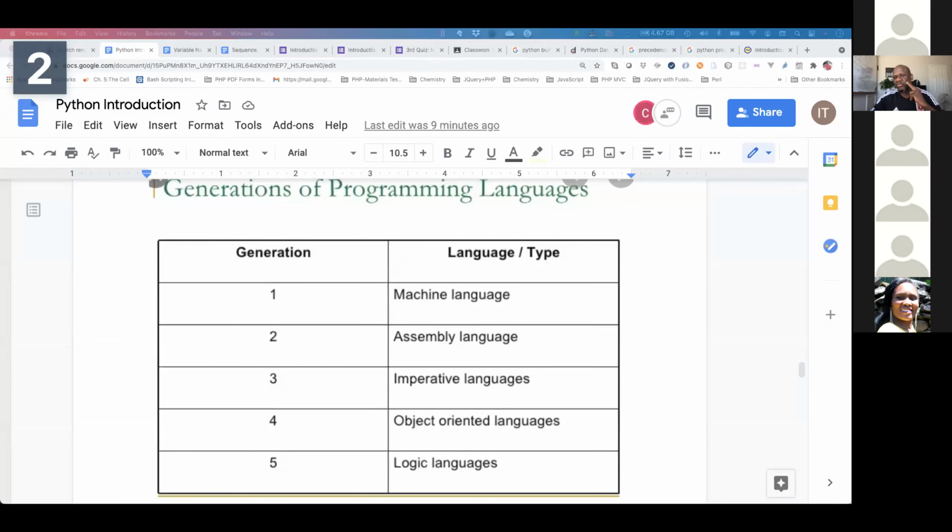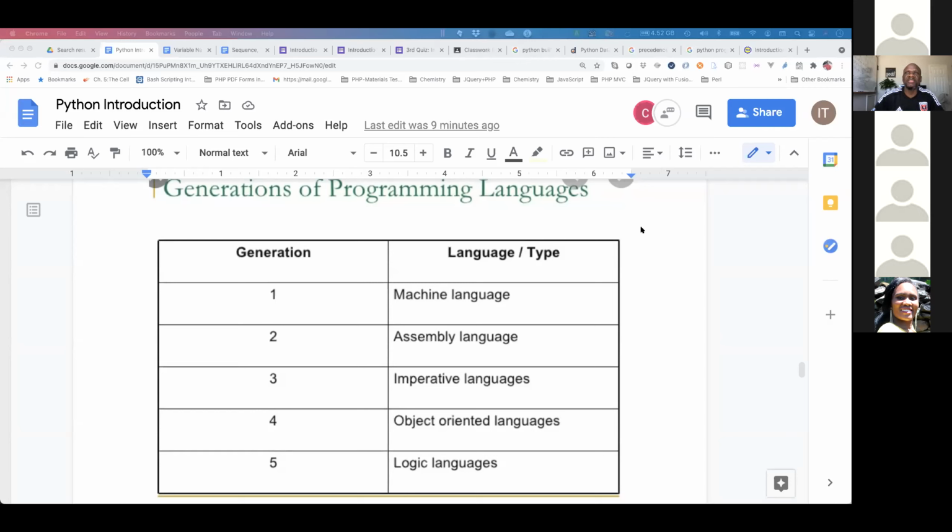We'll start with the introduction to Python. Python programming basics. Python as a programming language started way back in the late 80s, early 90s.